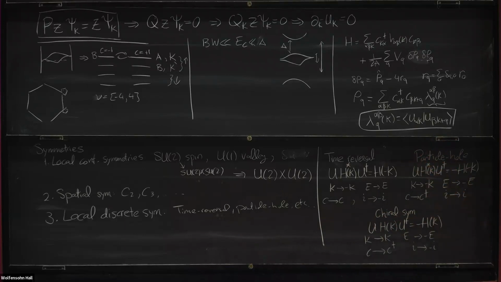acts locally in momentum, so that I can relate the wave functions at the same momentum to each other. And normally, I want it also to act locally in energy, so that I can relate states at the same energy to each other, which would suggest that these kinds of symmetries don't really give me any restriction on this kind of matrix elements.